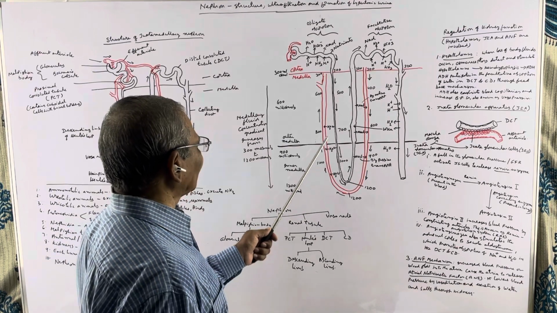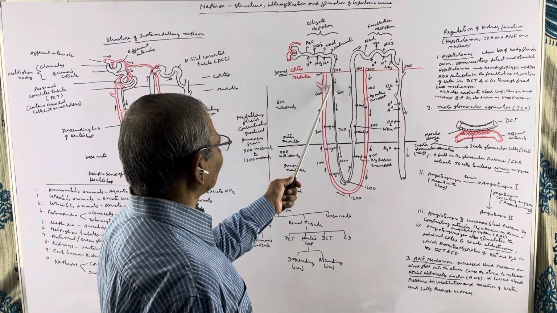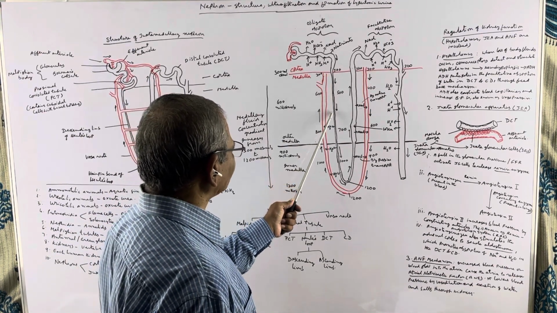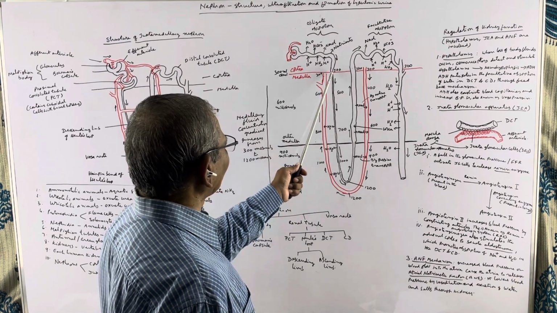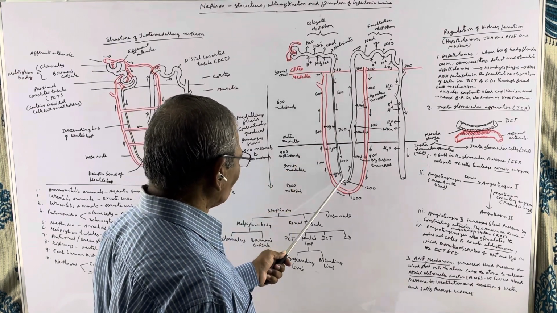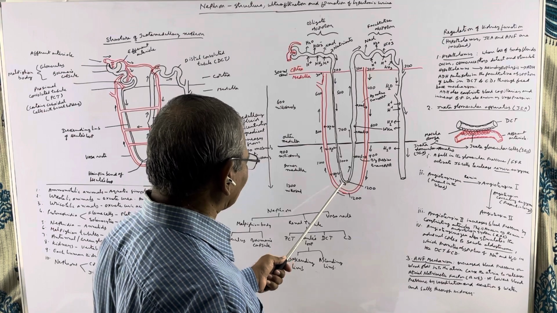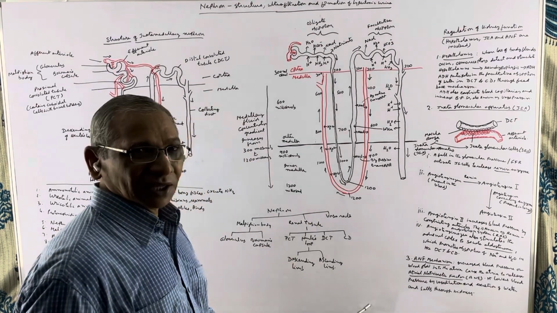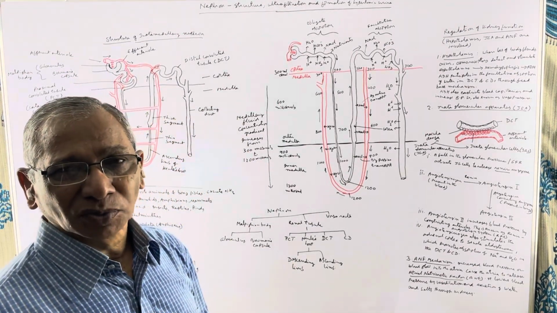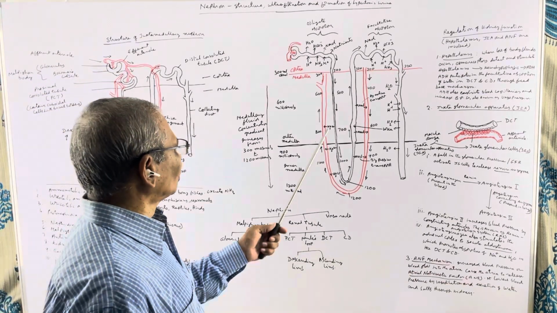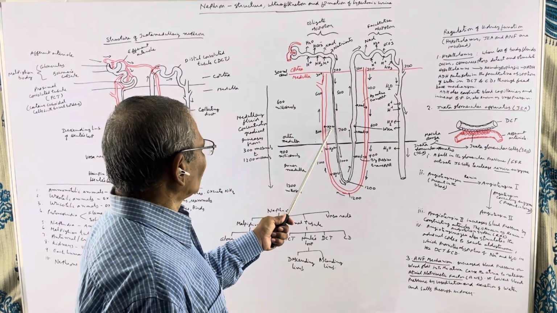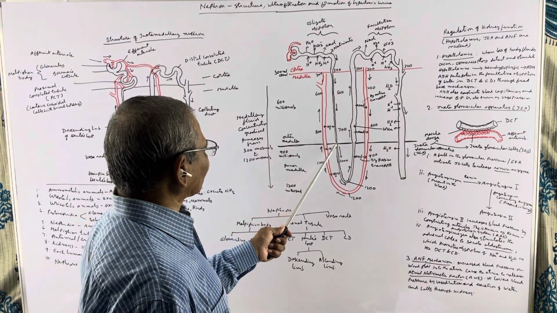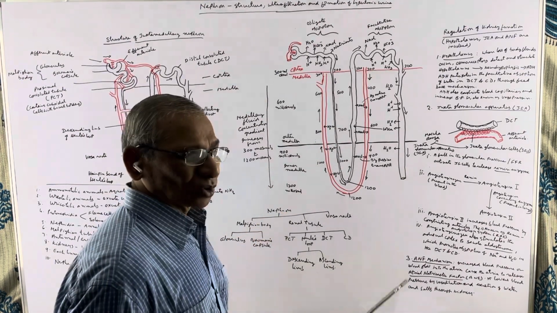So correspondingly, the osmolarity of the glomerular filtrate also increases from 300 milliosmoles to 1200 milliosmoles by the time it reaches the hairpin bend of Henle's loop. How does it happen? Due to outward movement of water from the glomerular filtrate.